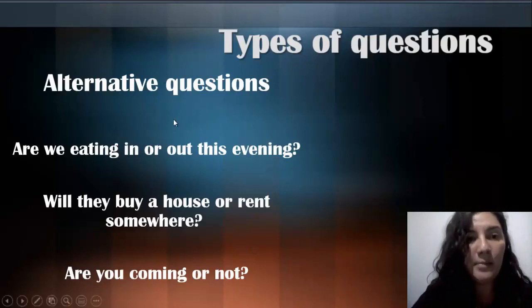In the first example, are we eating in or out this evening? We have ellipsis at the beginning of the second clause, the second alternative question: are we eating in or are we eating out this evening? The same happens in the second example: will they buy a house or will they rent somewhere?